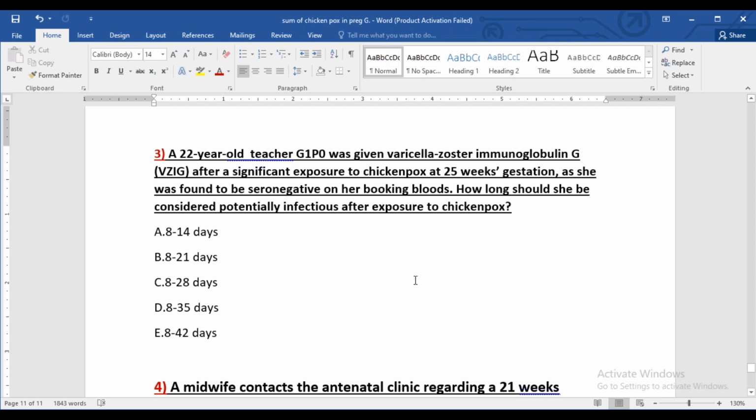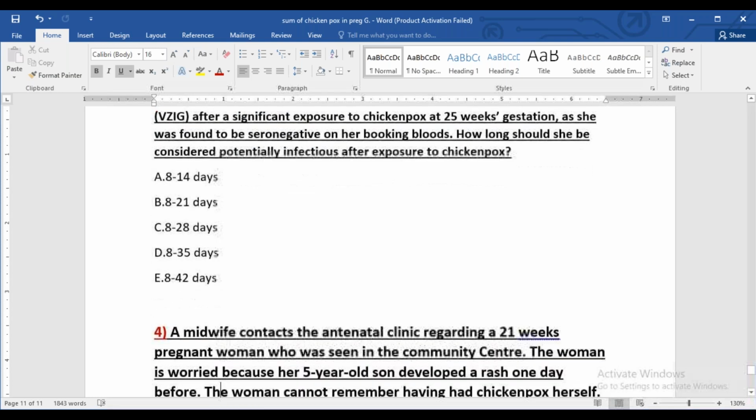It should be 8 to 28 days, C. Yes, right, because taking the immunoglobulin will extend her infectivity period to 8 to 28 days, and we stated this clearly in the lecture. Thank you. You are welcome.